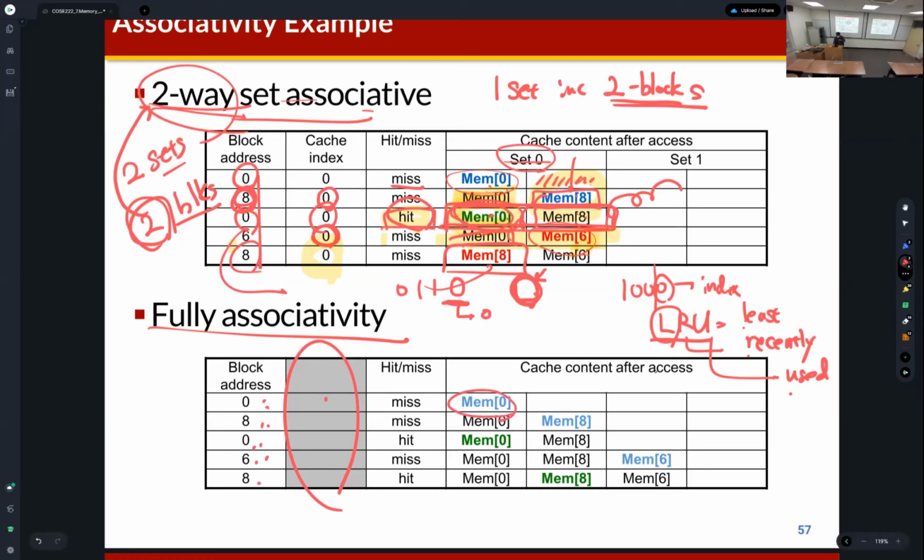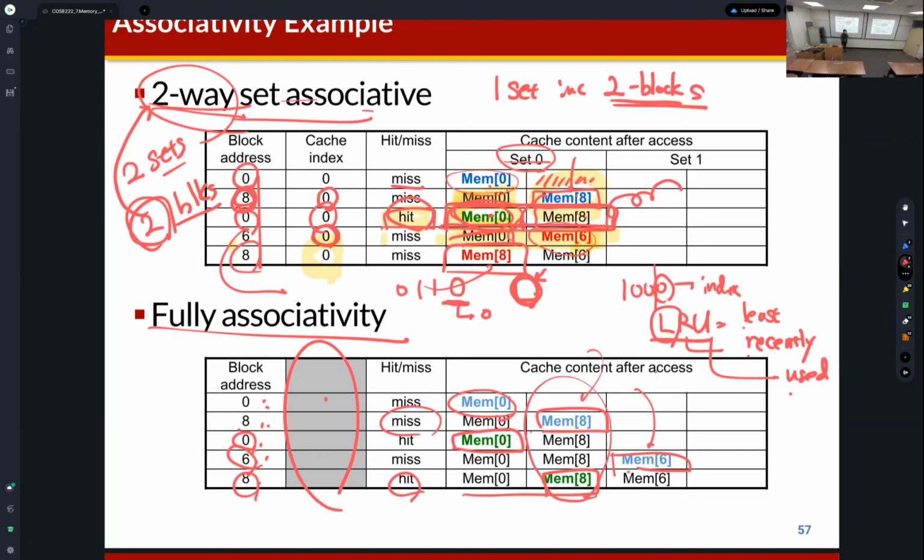The first 0 is a miss, and then 8 is also a miss, but 8 is allocated to the empty block of the cache, and 0 hits, right? And 6 can also be allocated to an empty block of the cache. And then 8 hits, okay? Because the 8 can be found in the cache.